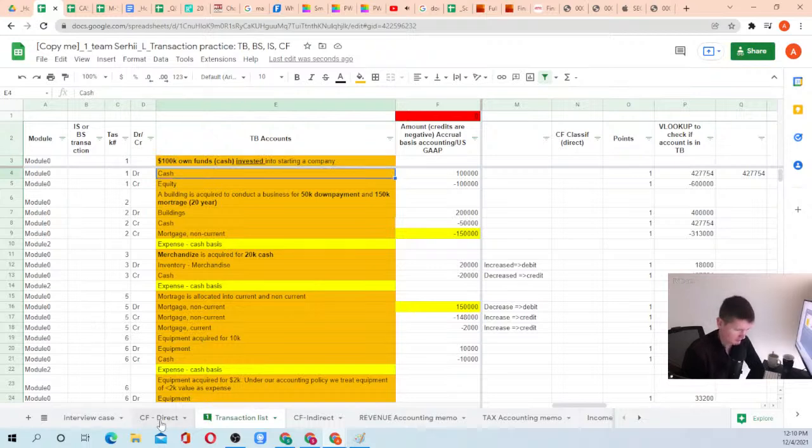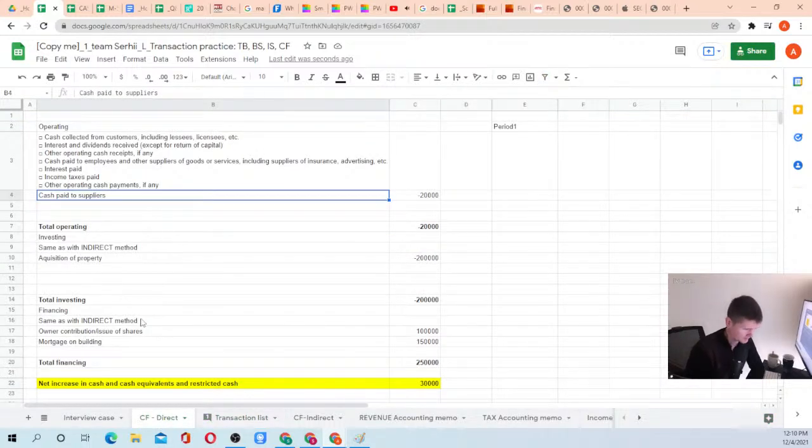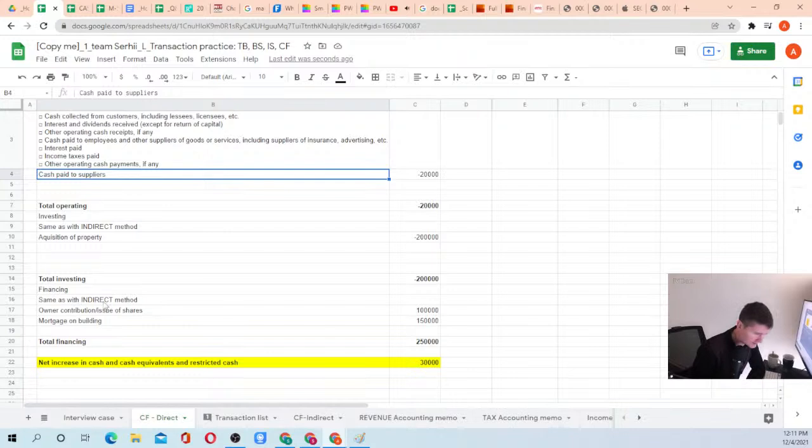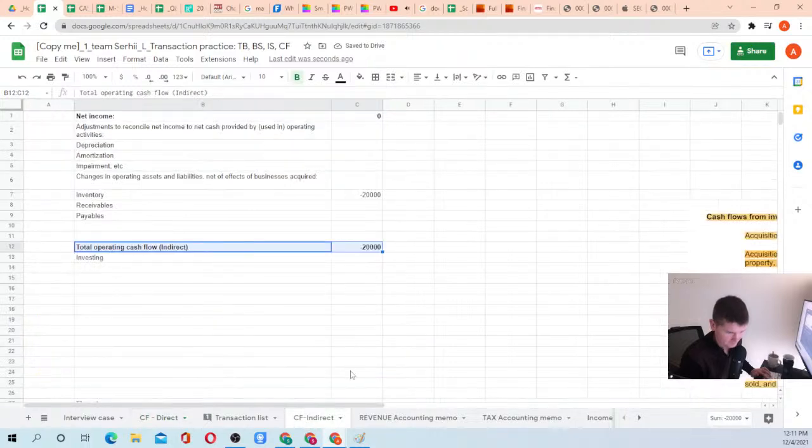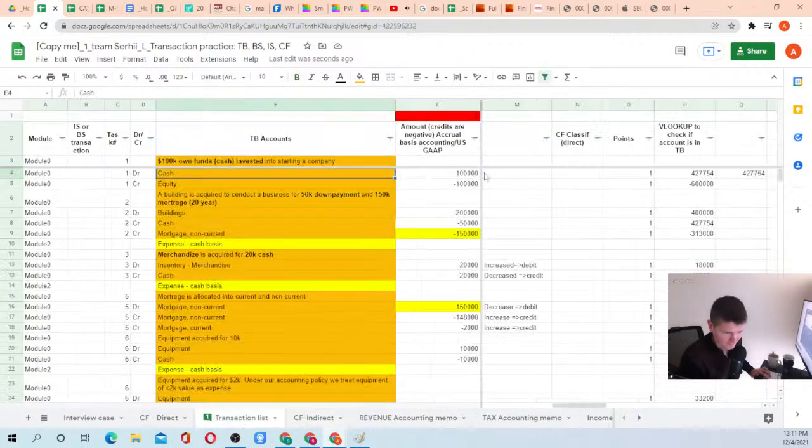We already did that part. Owner's contribution, or proceeds from issue of shares. Okay, so that is a straightforward financing activity.